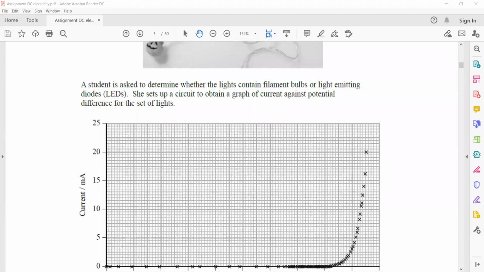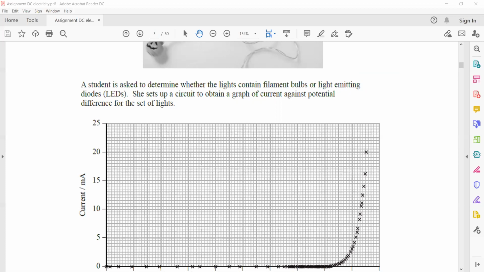So from this graph, how can we say that it is a diode, not a filament? Because when we increase the voltage, the current is initially zero. At a certain voltage only, the current starts to increase, which shows the behavior of a semiconductor diode. But if it was a filament, when we increase the voltage, the current should increase instantly.